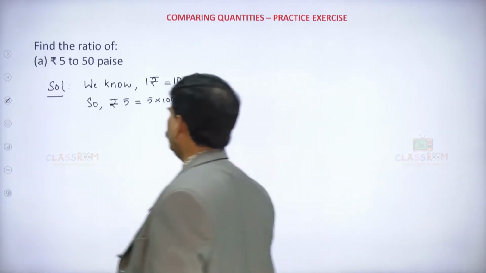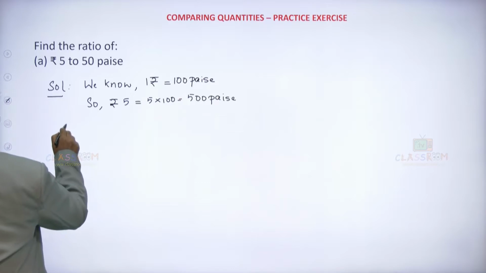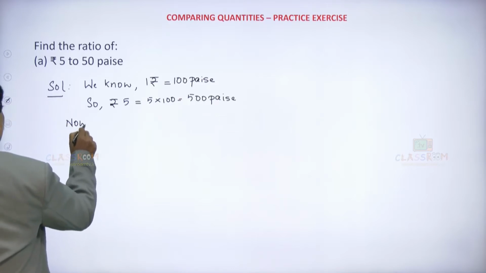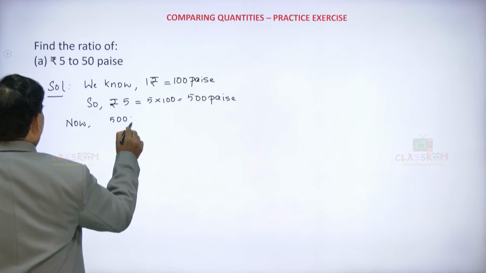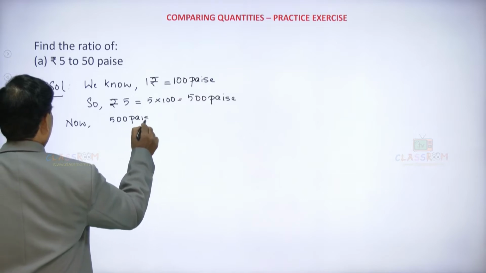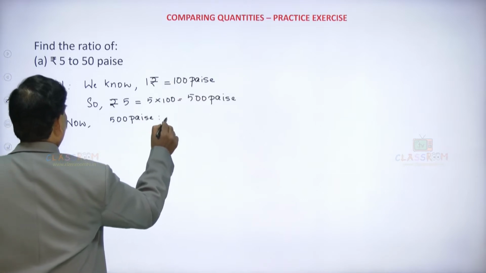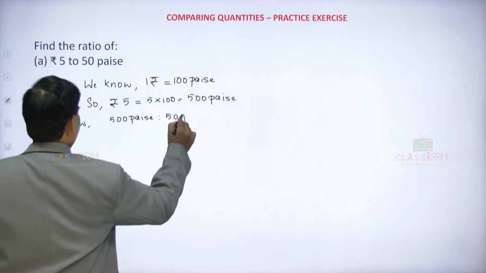So now we need to find the ratio. So now 500 paise is to 50 paise.